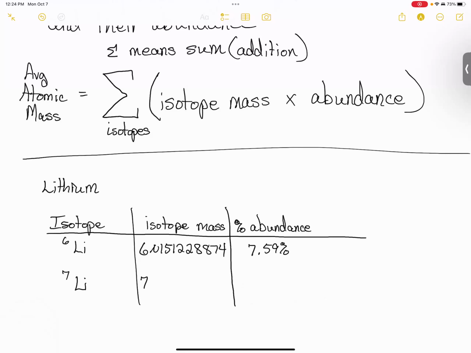Lithium-7 has a mass of 7.0160034366 and occurs 92.41% of the time.